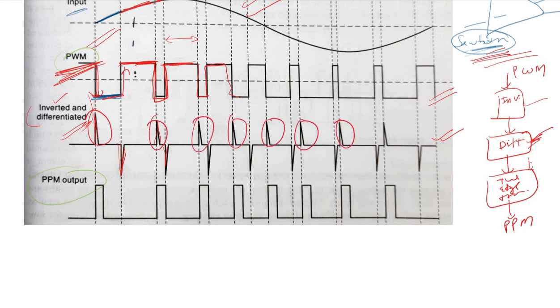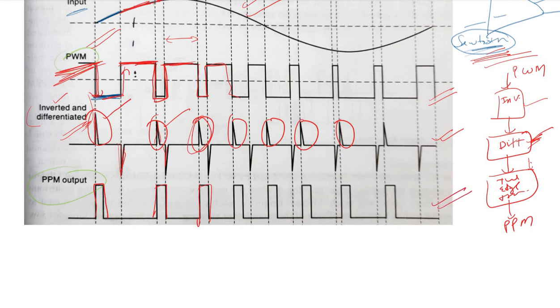Whenever it encounters a positive edge, it will generate a pulse of fixed width or duration. This is the first positive edge, so we get a pulse of fixed duration. This is the second positive edge, again we get a pulse of fixed duration. This is the third positive edge, again we are getting a pulse of fixed duration, right?